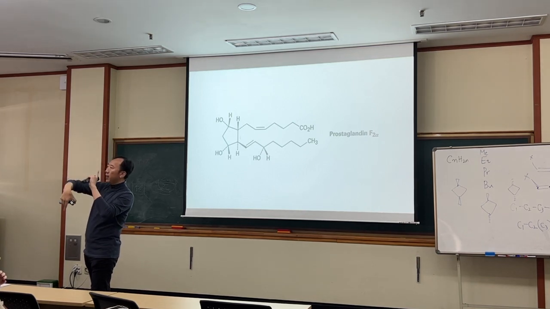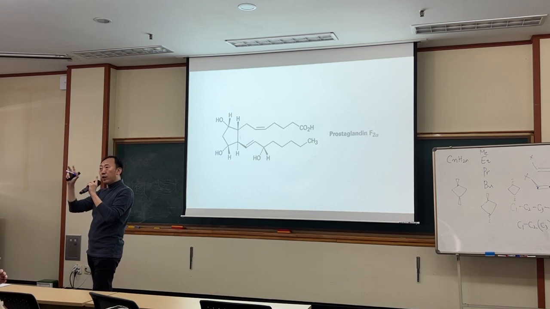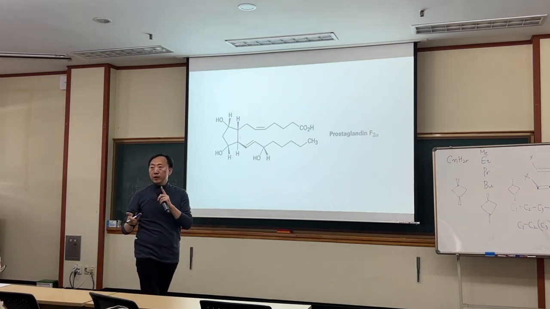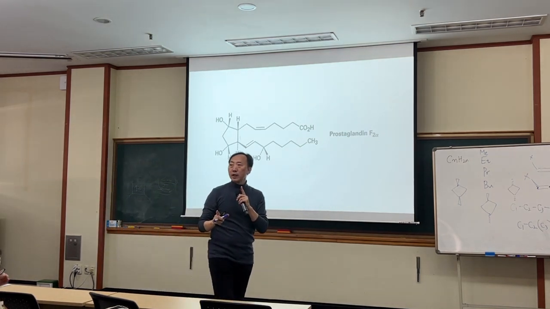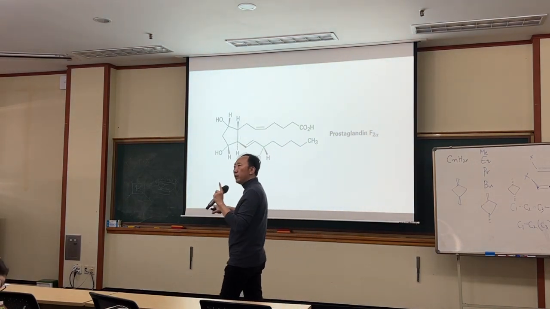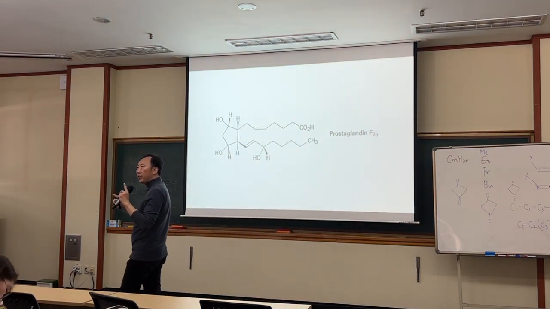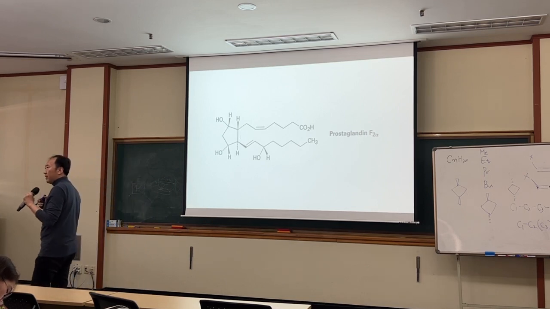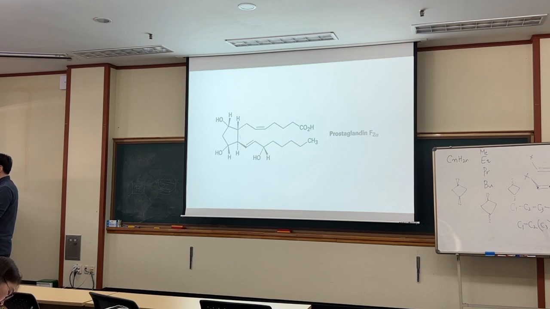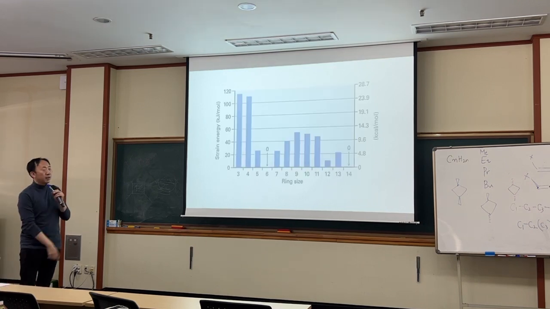Gauche versus anti, which is far away, is a little more stable. So we learned two different kinds of strain, steric versus torsional. Today we learn another one, ring strain. When they form a ring, compared to the open form, the ring structure generates extra stress. In chemical terms we call extra stress strain. Ring strain is an energetic difference.